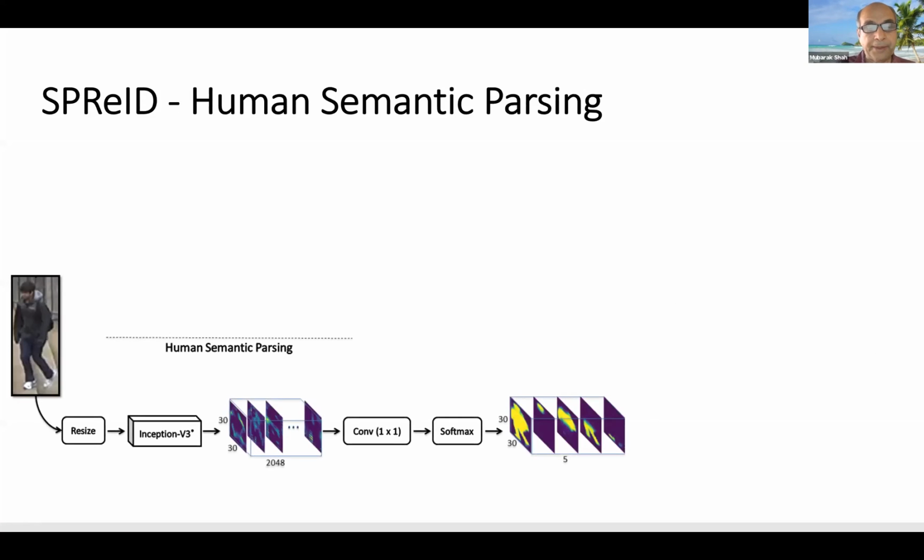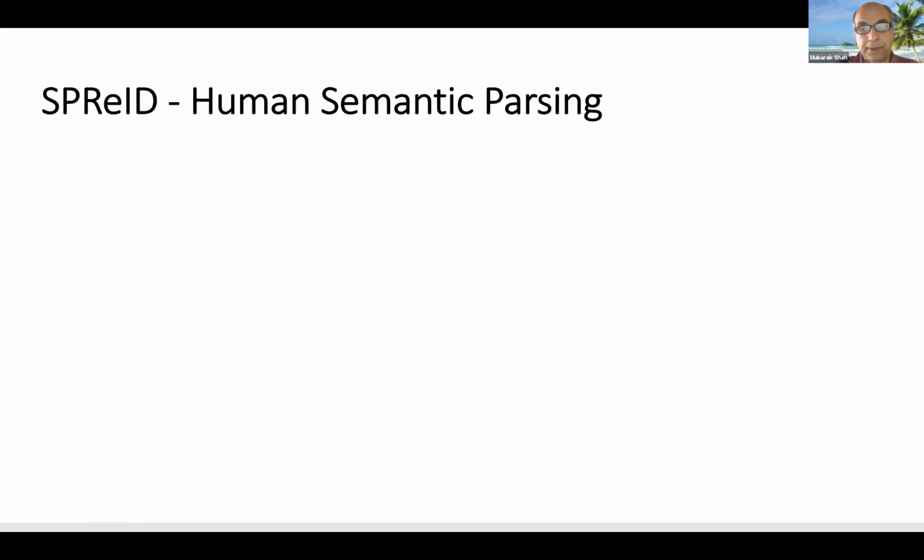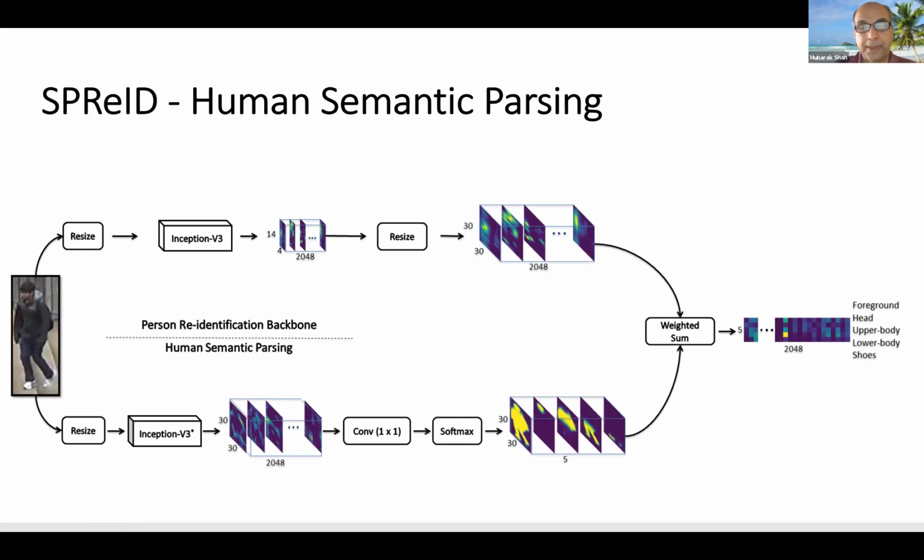Then we have a lower branch which deals with human semantic parsing. We take an image, compute some features, and after the softmax, we get 5 images corresponding to 5 semantic regions. We then take these different channels of the semantic segmentation and multiply them with the global features, selecting the global feature corresponding to these different parts of the body.